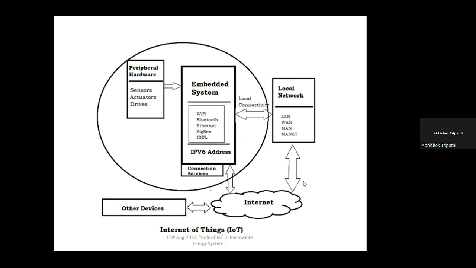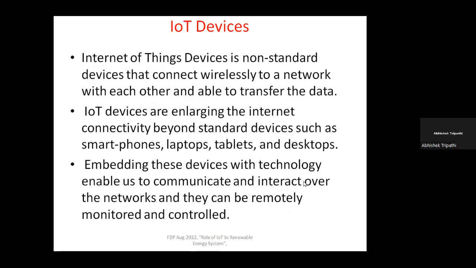It could be your mobile phone, it could be your laptop, or it could be any Raspberry Pi based board which is planted somewhere in industry. So at least these connectivity features, these peripherals, and these sensor or actuator drivers should be there in that smart object. And there is one more term, that is called IoT devices.